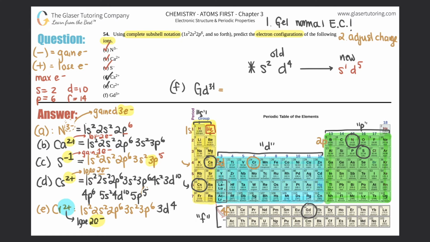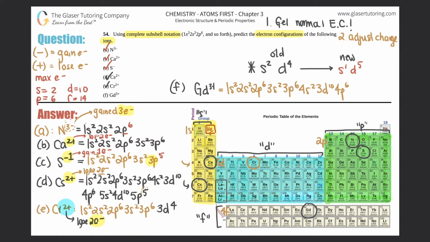So this one's crazy. So 1s2, 2s2, 2p6, 3s2, 3p6, 4s2, 3d10, 4p6.